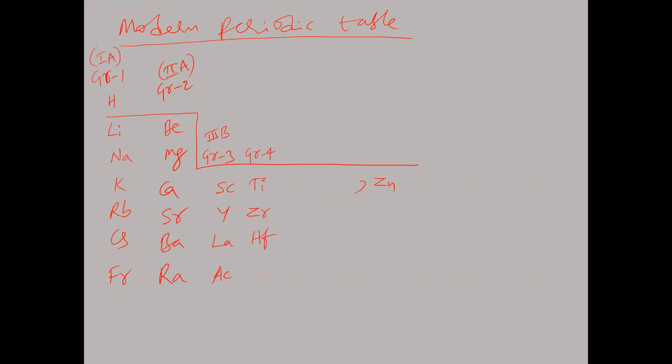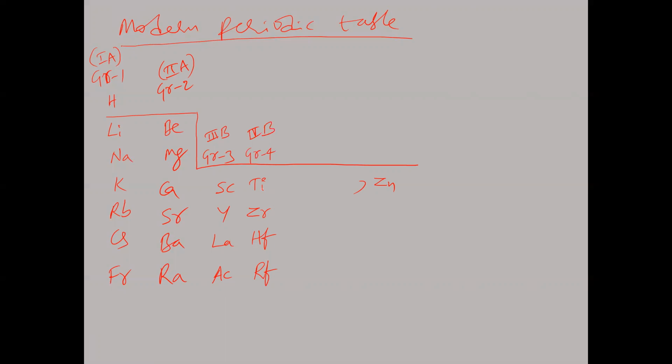And next one is rutherfordium. So group 4 is called Roman number 4B. So group 3 elements, 4 elements you have to remember. Group 4 also, 4 elements you have to remember.